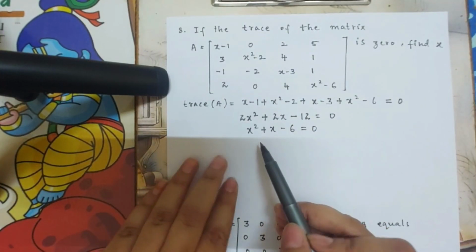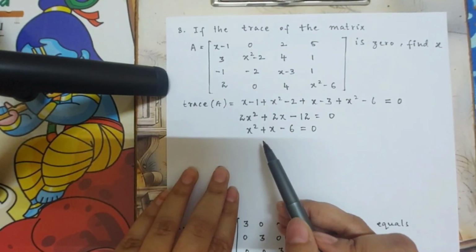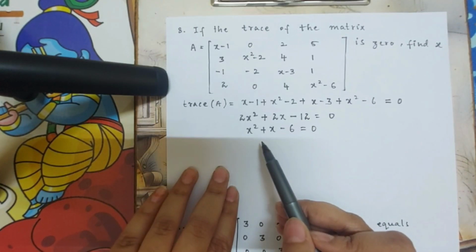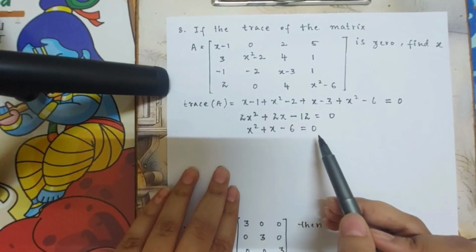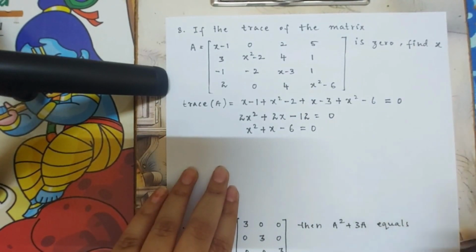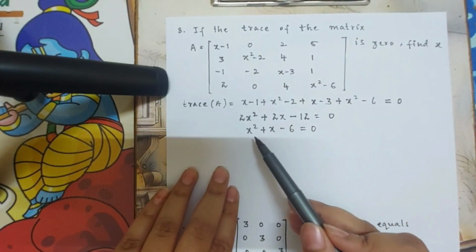Now this equation is in the form of a quadratic equation. We can get the value of x by factorizing this equation. We can actually use many different methods for calculating the value of x here.